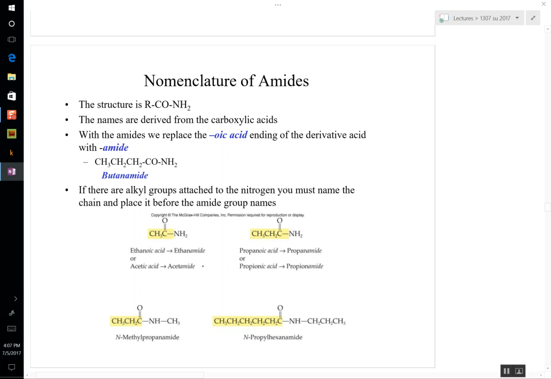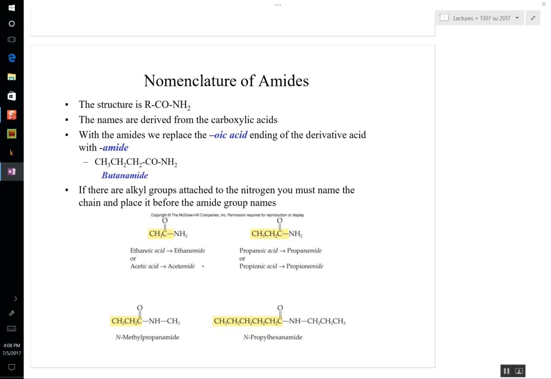Now count that carbon. 2 carbons here. Some people look at that and call it methanamide. They see the methyl group and the amide group and say it's methanamide. That's wrong. There's 2 carbons here.